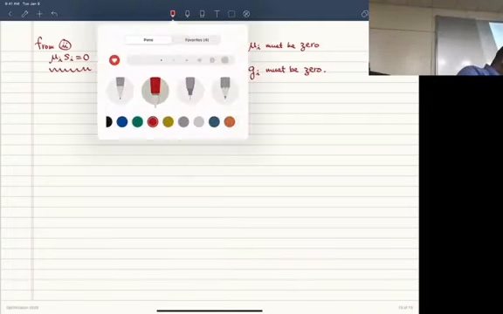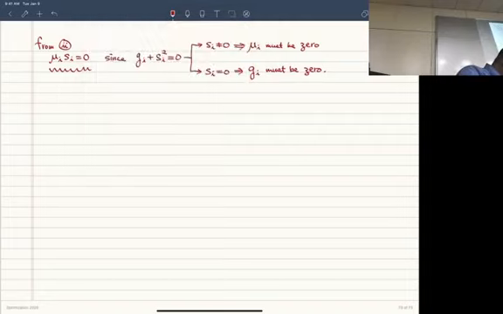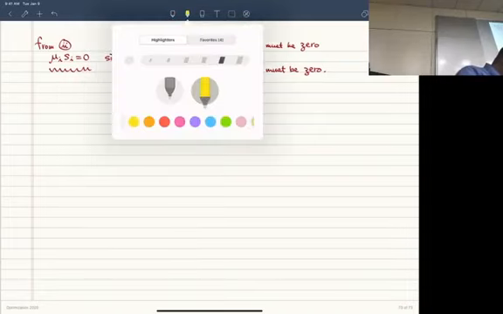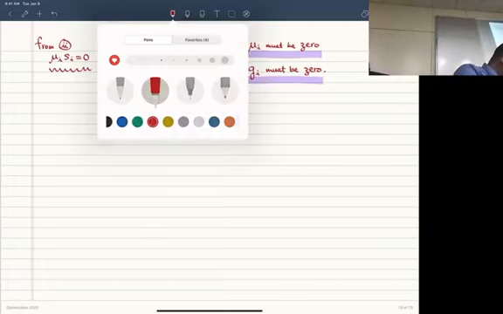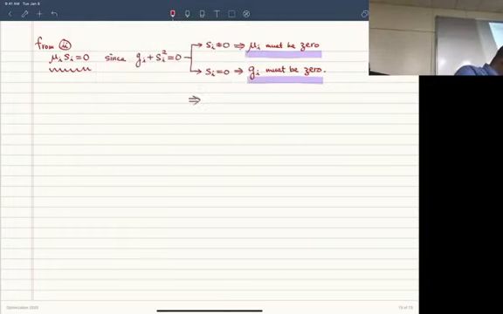So that's actually the final rule that we have. Either mu i be zero or g i be zero. But can we describe this in a mathematical way? Yes.